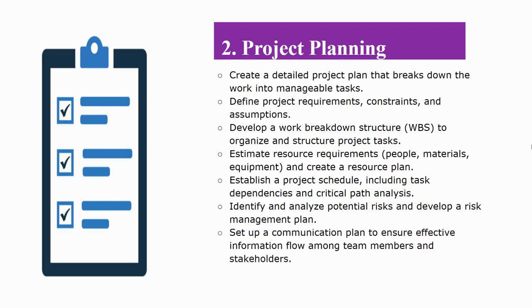And then we need to set up a clear communication plan to effectively ensure that information will flow among team members and different stakeholders. In the communication plan, we can outline the key information that will be shared among team members and stakeholders, and we can also come up with the frequency of reporting in terms of how often reporting will be done, and what kind of report will be shared with whom. It's also important to establish the reporting or communication channel among your stakeholders.